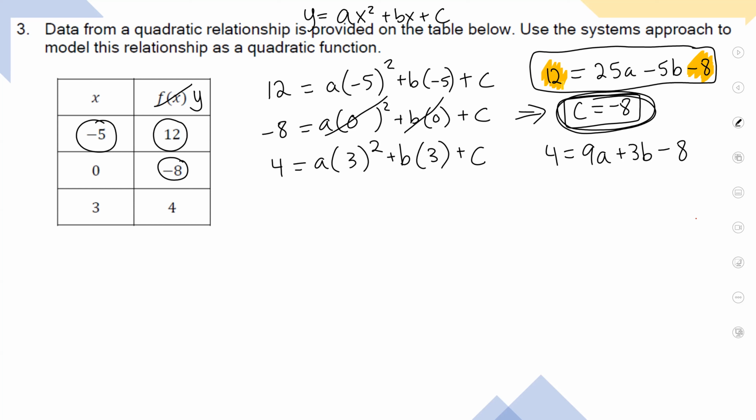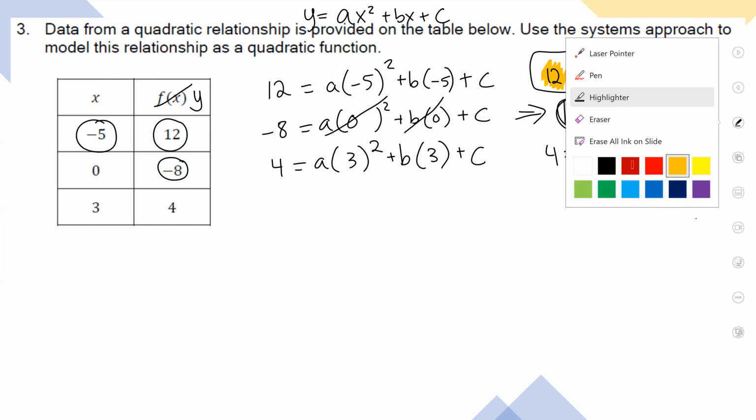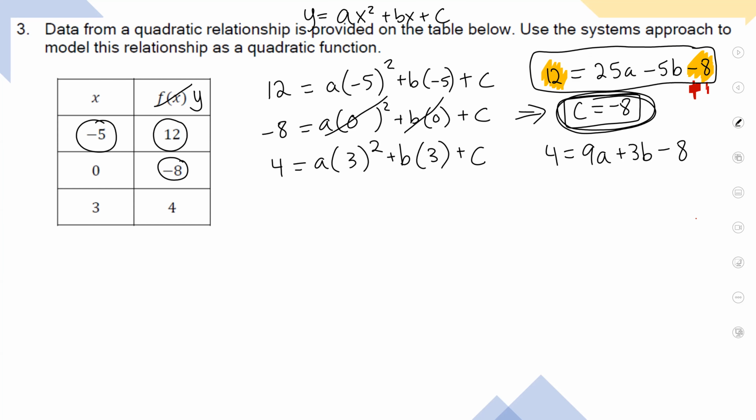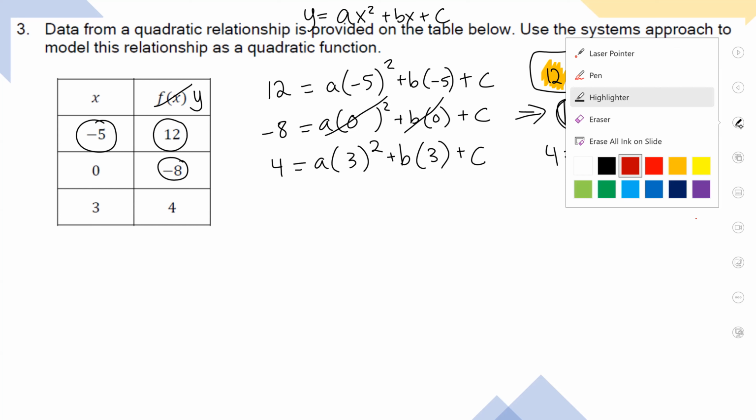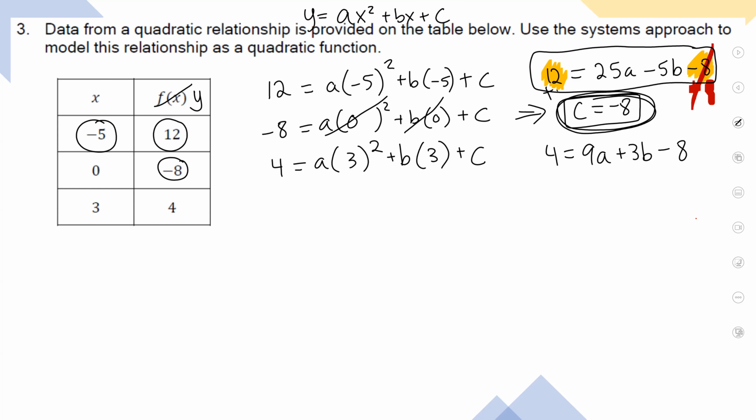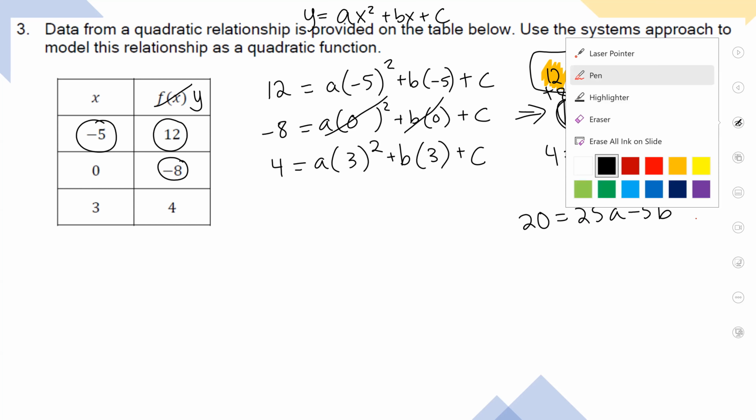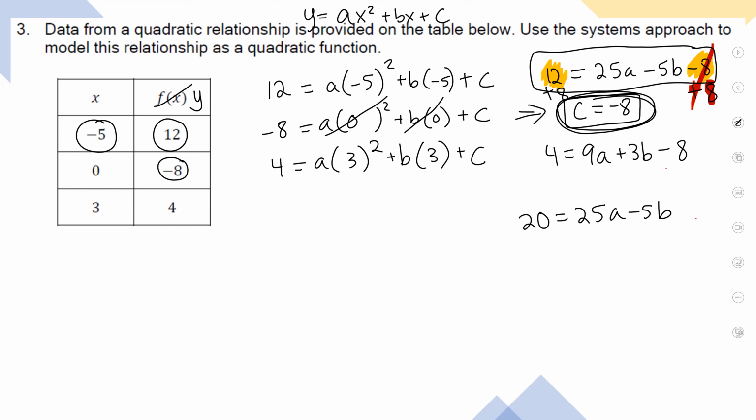Numbers go together. So I'm going to add 8 to both sides. So 12 plus 8 becomes 20, and I have 25a minus 5b. Next one, add 8 to both sides. This becomes 4 plus 8 is 12. Everything else can stay the same.